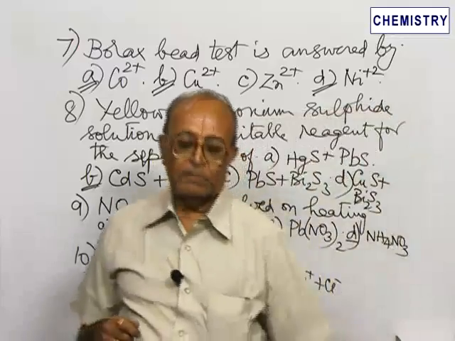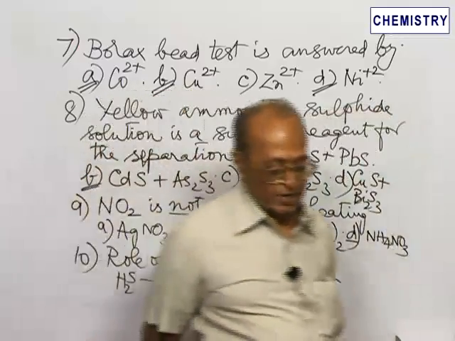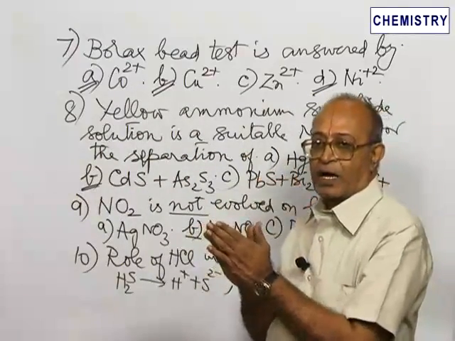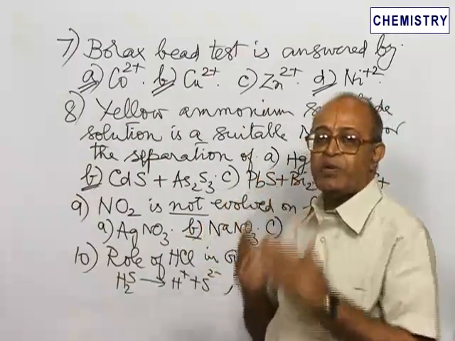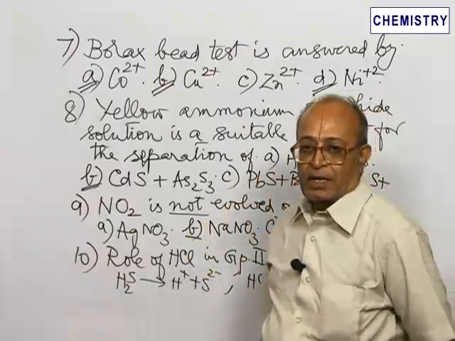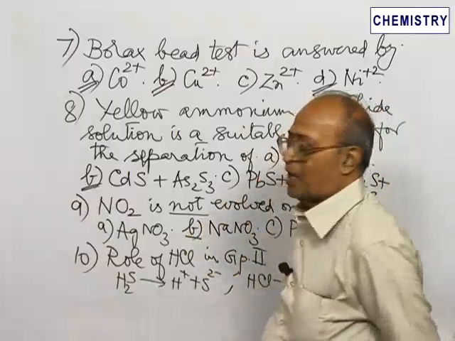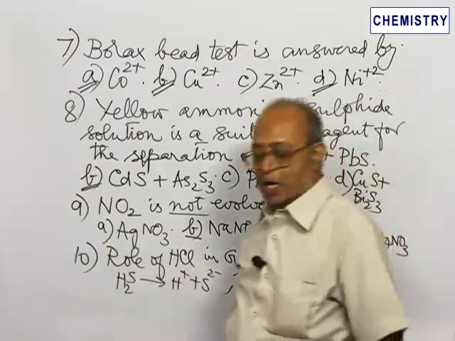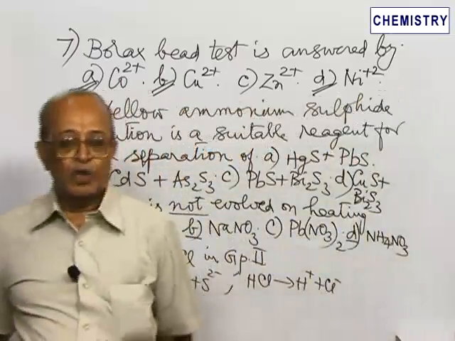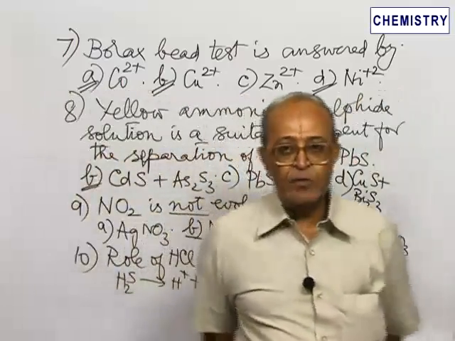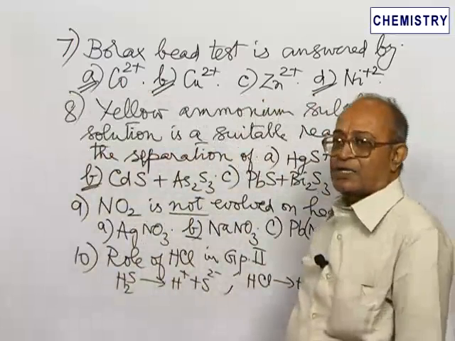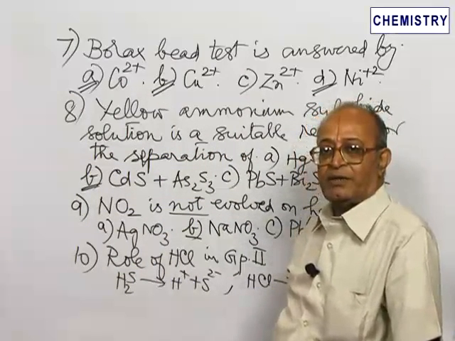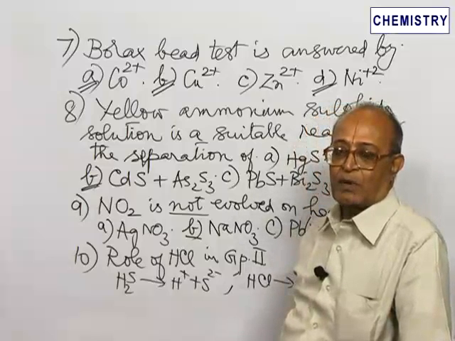Now usually in group 2 analysis, we have 2A ions and 2B ions. In the basic radical group 2 analysis, we have several metallic ions: mercuric salts, cupric salts, cadmium, arsenic, antimony, bismuth, tin, and so on.